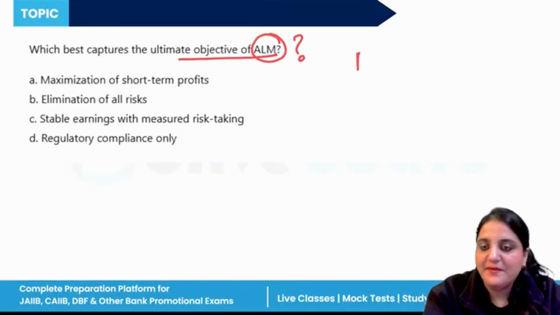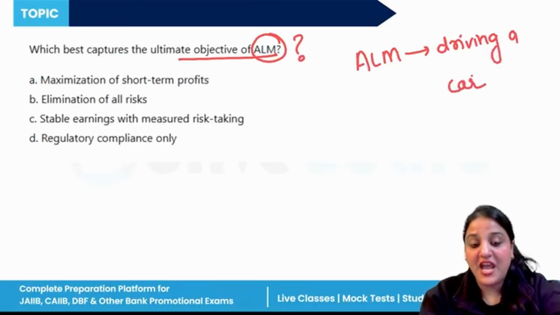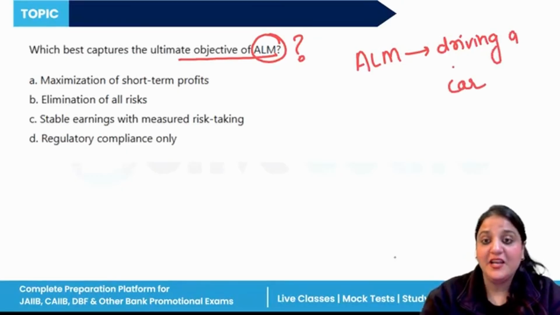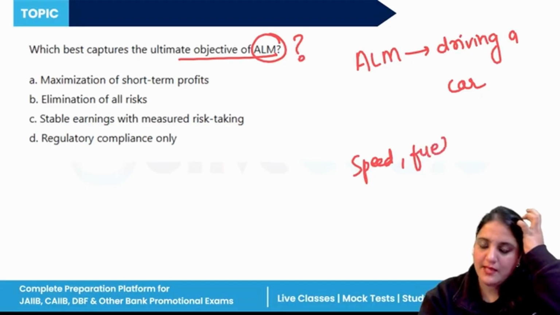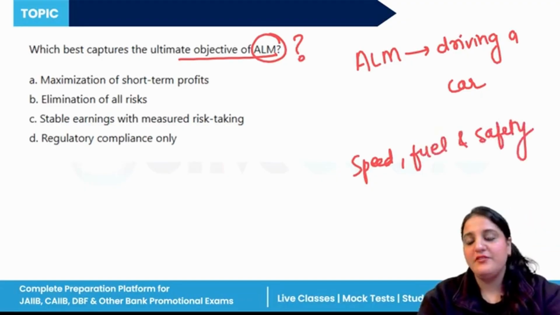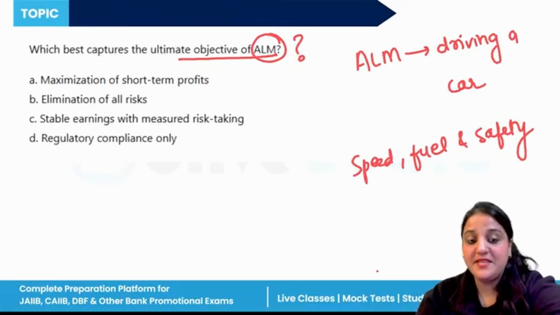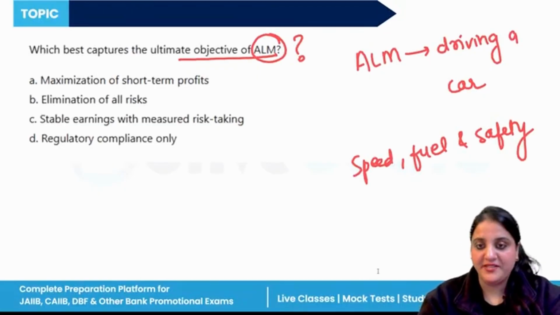You can think like ALM is driving a car while balancing the speed, fuel, and safety, right? It means the bank borrows the funds and lends them as assets. If timing, rates, volumes mismatch, risk arises, right? If these things are mismatched, in that case, the risk arises.